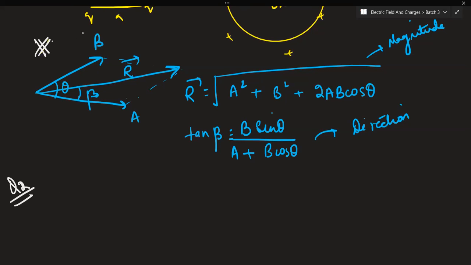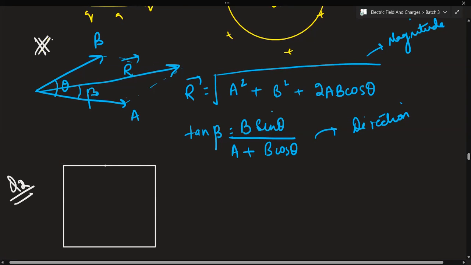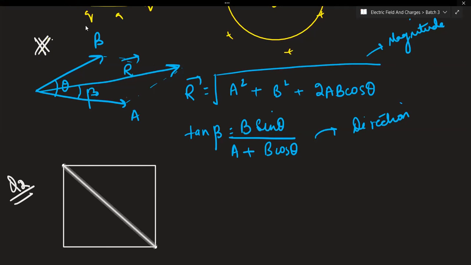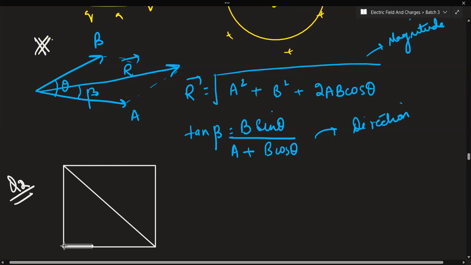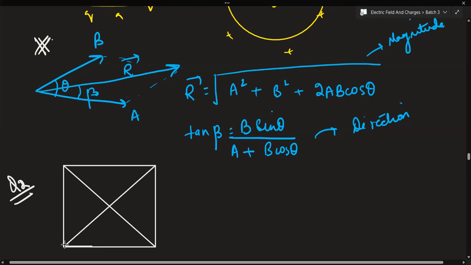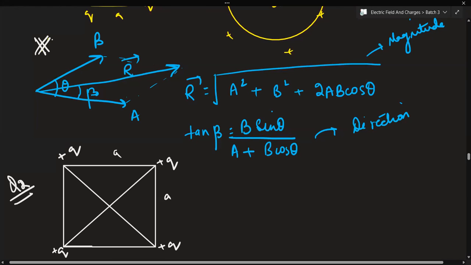Question number 2. So this is a square. Square side is A. Now, had this been the question, okay, I'm just modifying the question, this is not your question, and at the center I would have asked you the electric field.